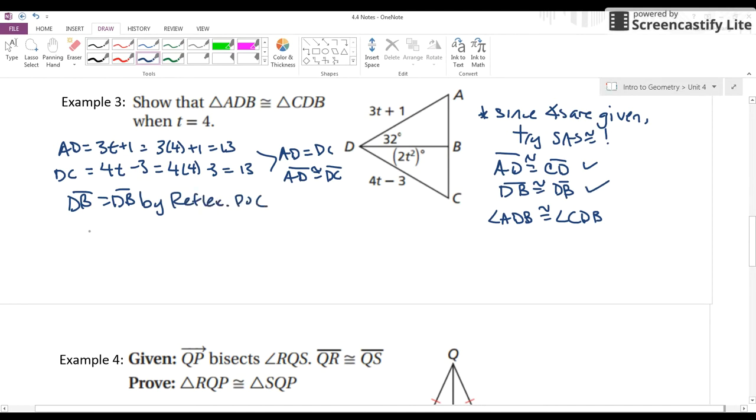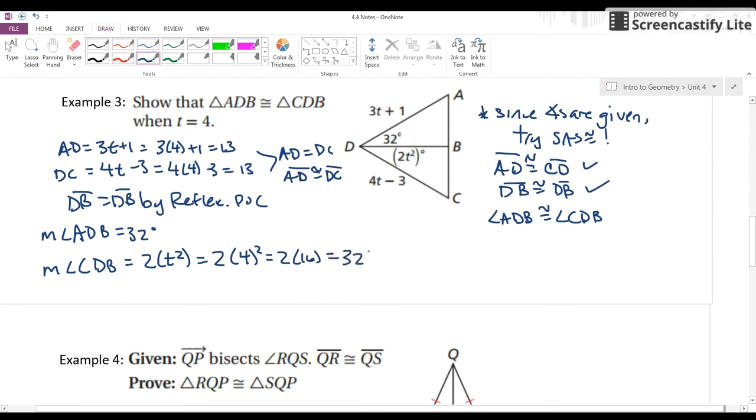Check. Finally, the angle, so the measure of angle ADB is given to me as 32 degrees. The measure of angle CDB is equal to 2 times t squared, which is 2 times 4 squared, 2 times 16, which is definitely 32 degrees.